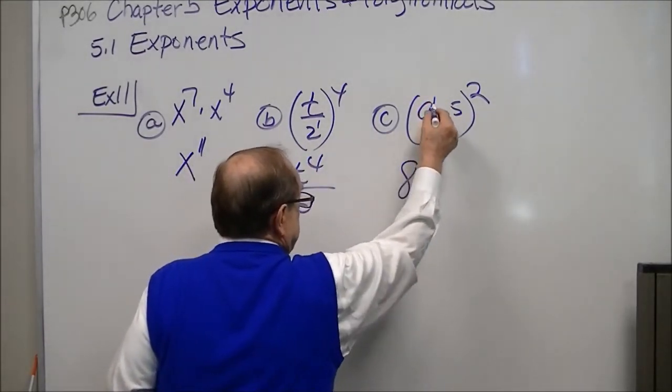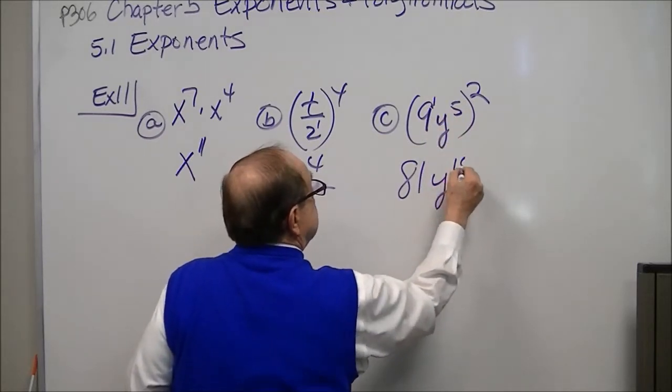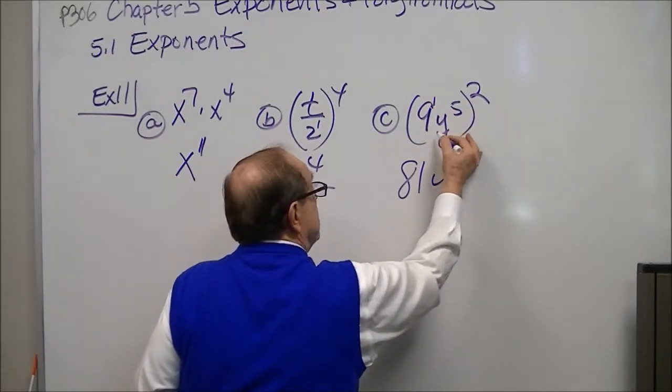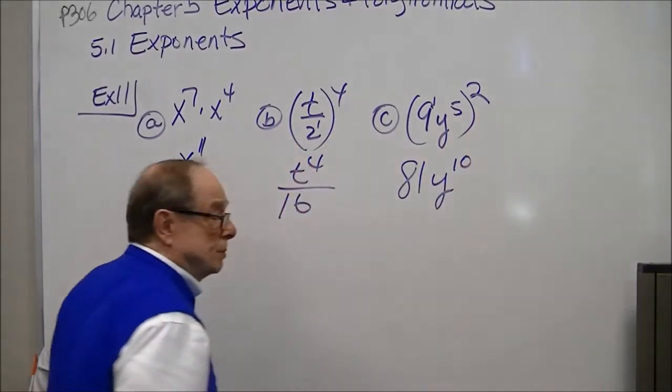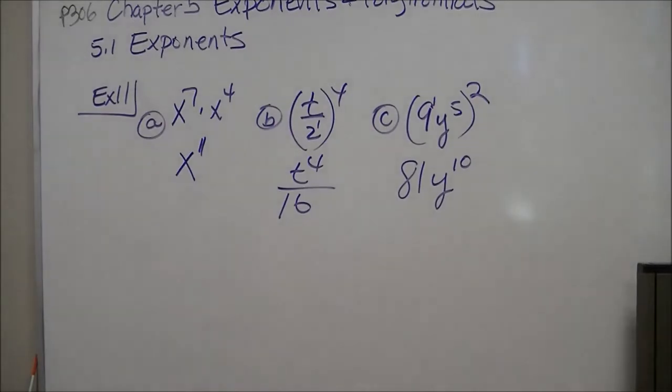Remember there's a 1 there, so that makes it 9 squared. Y to the 10th. We're multiplying when we raise a power to a power. Students tend to get confused on this, but again, practice and repetition is your best way for mastery.